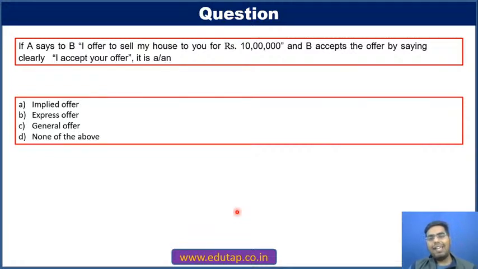Next question is, if A says to B, I offer to sell my house to you for rupees 10 lakh, and B accepts the offer by saying clearly I accept your offer, it is a dash offer.